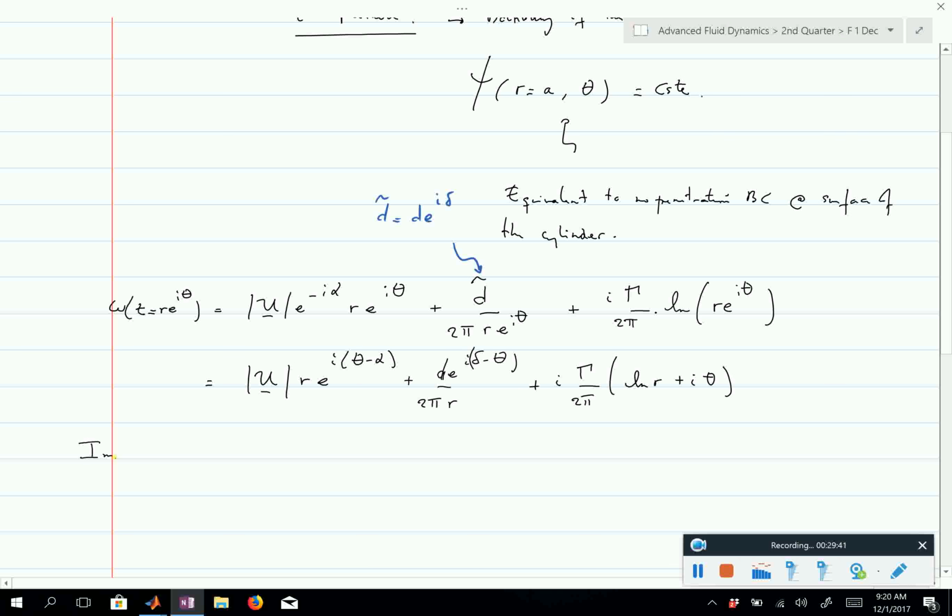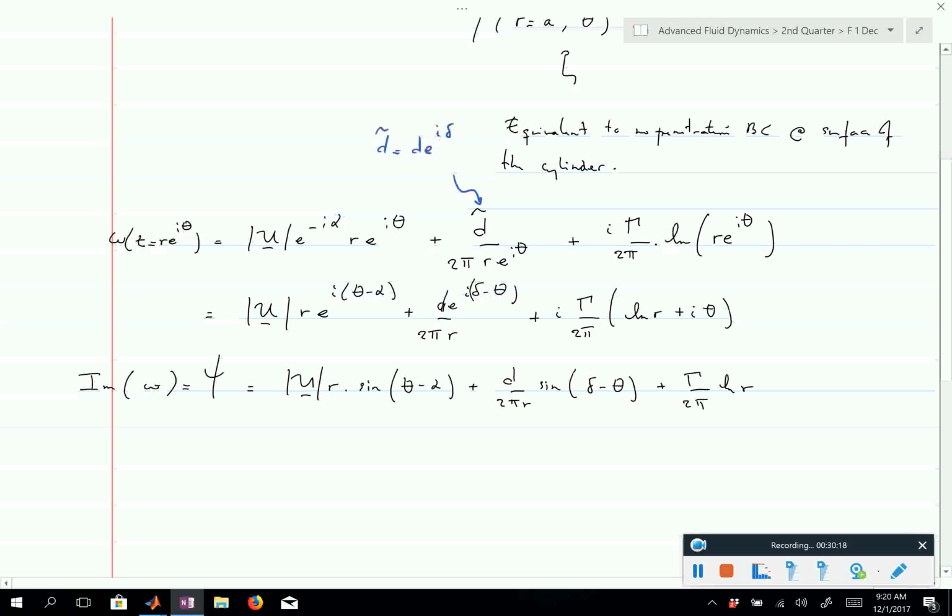The imaginary part of W is equal to my stream function, so this is what I want, and this is equal to U r sine of (theta minus alpha), plus D divided by 2 pi r times sine of (delta minus theta), plus gamma divided by 2 pi log of r. Okay, so this is my stream function.